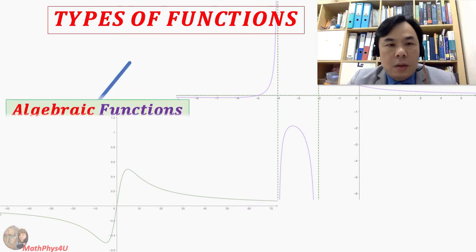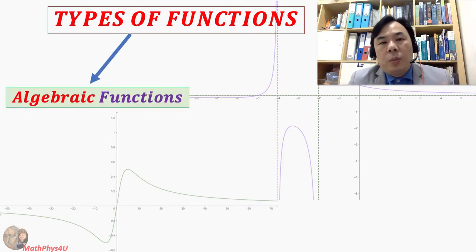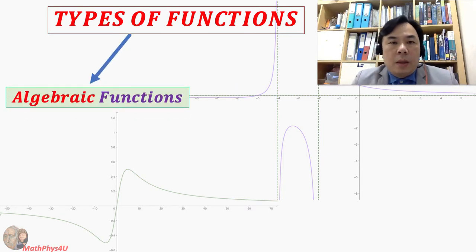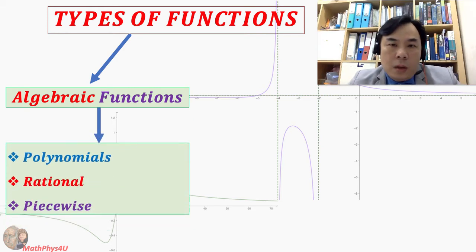Generally, we have algebraic functions, and some examples, which I think most of you know very well, are polynomials. We can have rational functions, and lastly piecewise. Of course, our focus in today's topic would be rational functions.